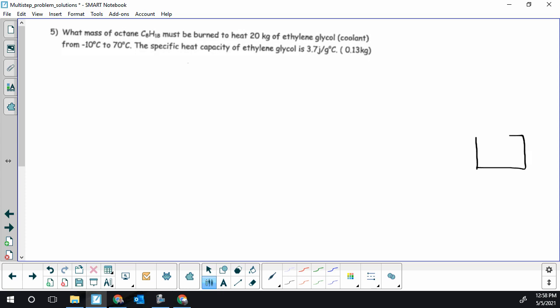So for the burning of the octane, I'm just going to put a little burner. Here's your octane. And there is some container of ethylene glycol coolant.